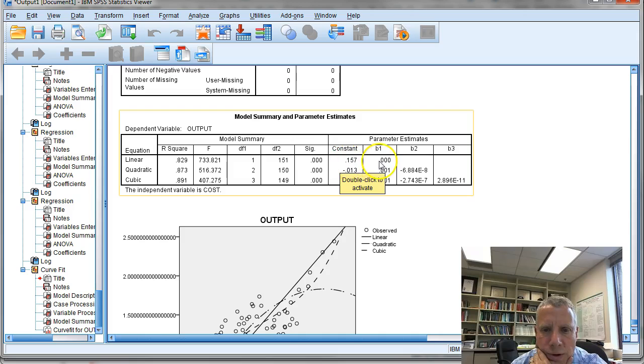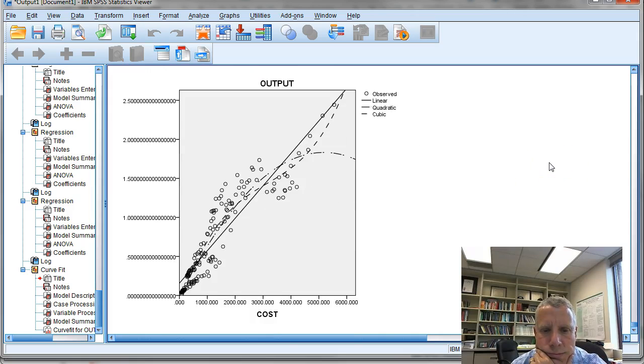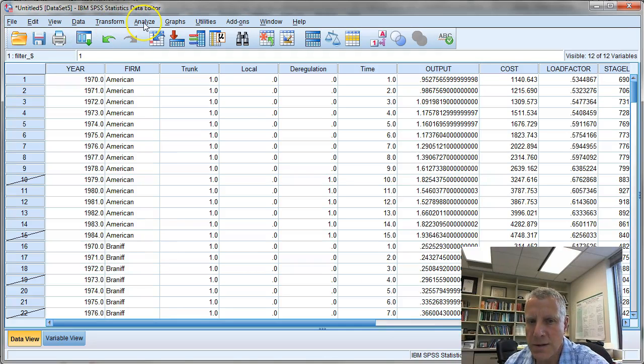We get different results from the linear. All right, I'll pause that because I realized I'd done something wrong.